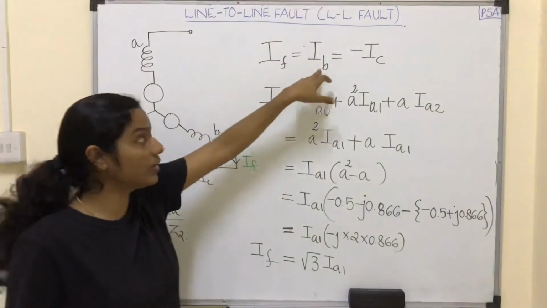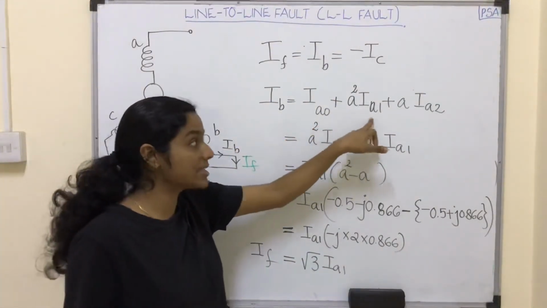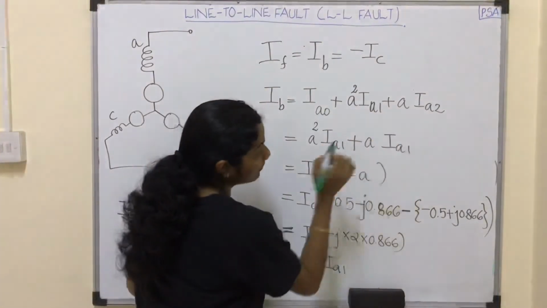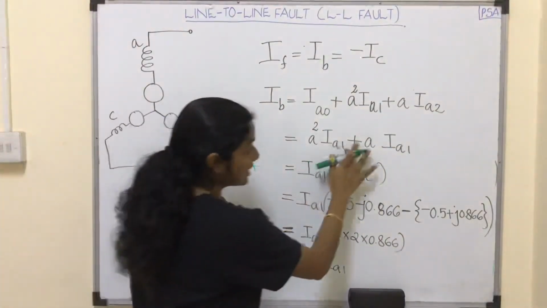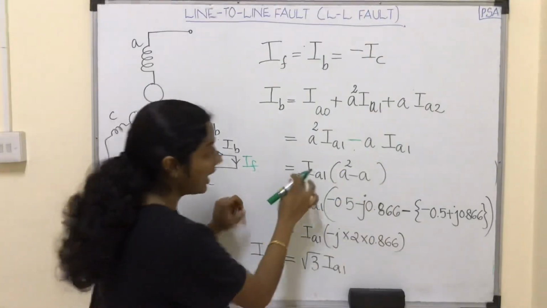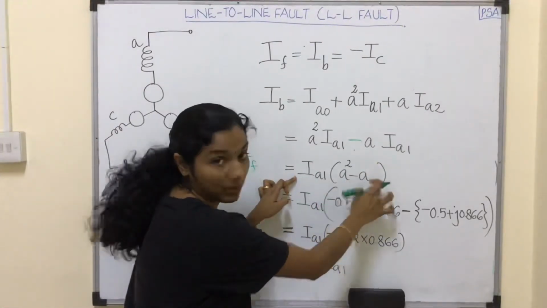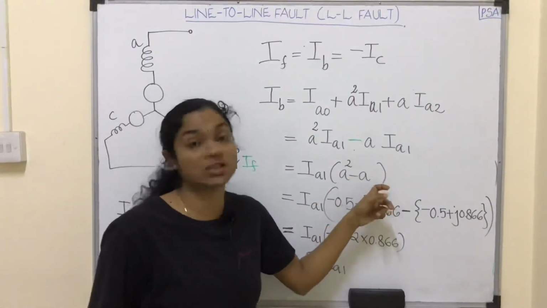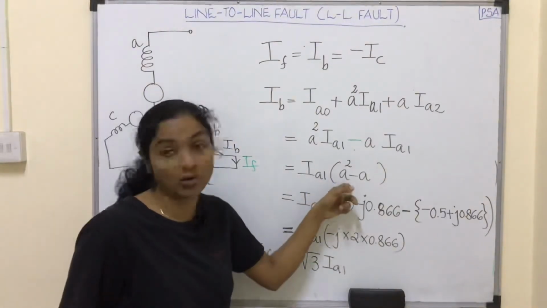And if I take IB equal to IA0 plus A square IA1 plus A IA2, and we know IA2 equal to minus IA1. If I take IA1 as common, IA1 into A square minus A. The value of complex operator A we know, and the value of A square also we know.